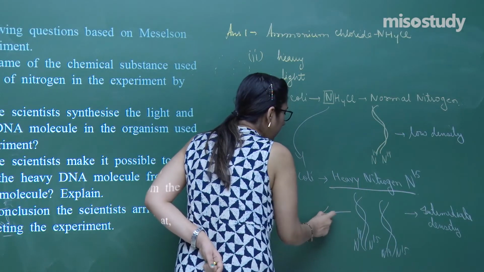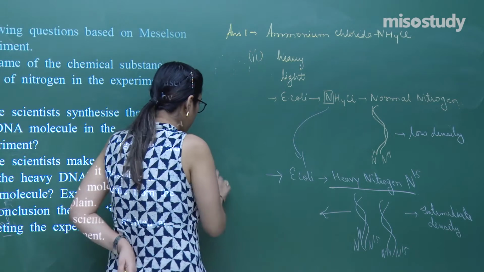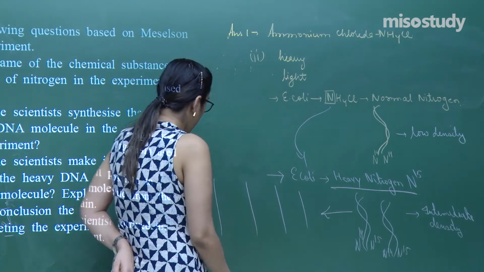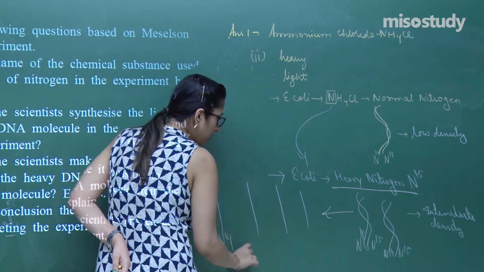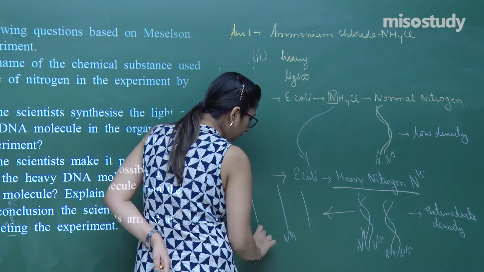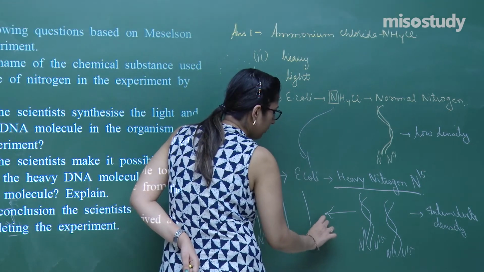When this was again allowed to grow on the N15 medium, all the 4 fragments separate. Just imagine, 2 were N14, this was N14, this was also N14. Again here N15, because they separate.